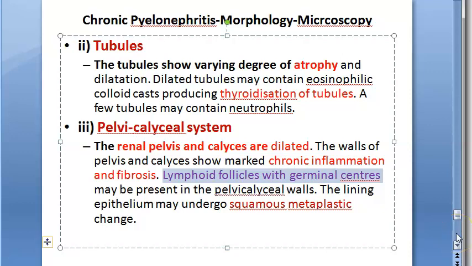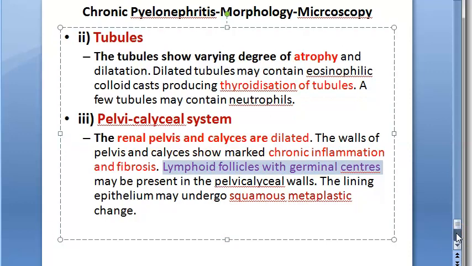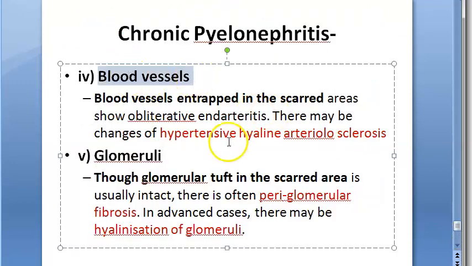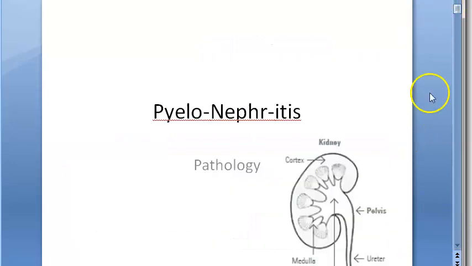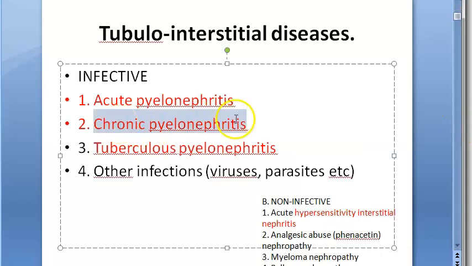Squamous metaplasia, you will see in the pelvicalyceal system. Blood vessels, there is hypertensive hyaline arteriosclerosis. Glomeruli, you will see periglomerular fibrosis and hyalinization of glomeruli. So that's all for now in pyelonephritis. That is the chronic pyelonephritis we have covered in detail.